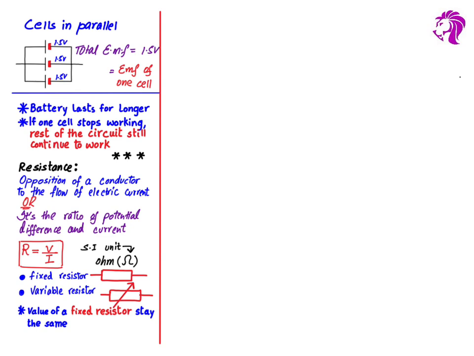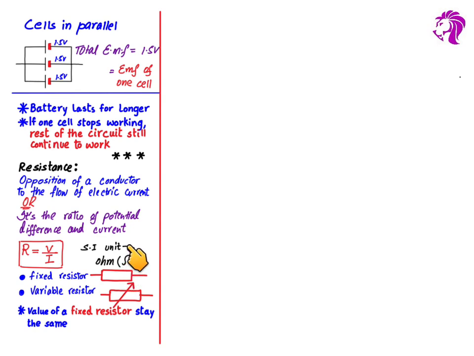If I need to find the resistance, I will need the value of voltage and the value of current. If it is a fixed resistor, no matter whatever the current or the voltage is, the resistance of the resistor will stay the same. It will not change, right?